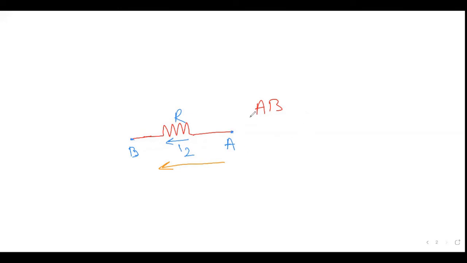So in this case, since it is in the same direction, the product of I into R will be negative, minus I2 into R.